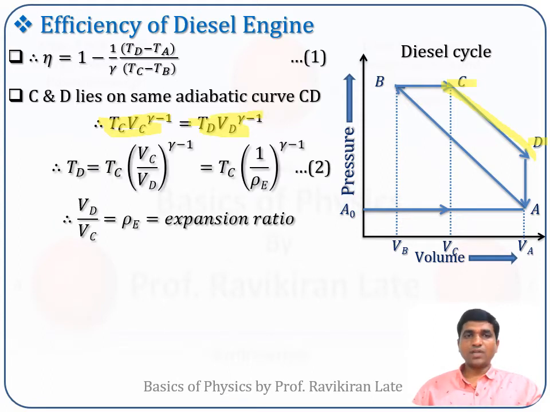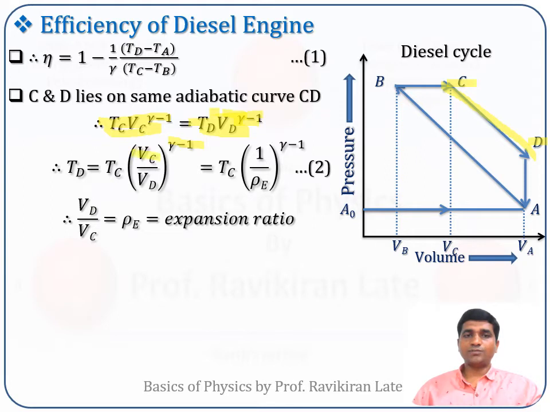If you transfer Td to one side and the rest of the terms to the other side, Vd is multiplied on this side. If you transfer it from this side to this side, it will become Vc upon Vd raised to gamma minus 1. This we can write further as Tc in bracket 1 upon rho E to the power gamma minus 1.